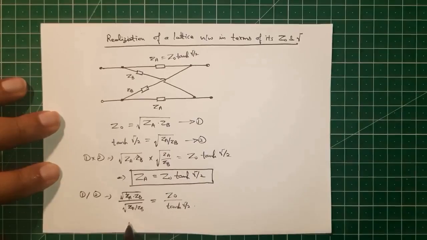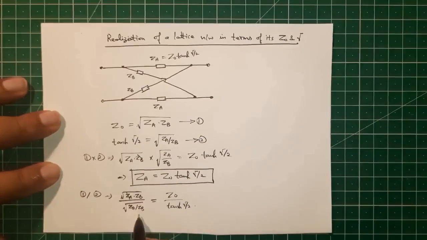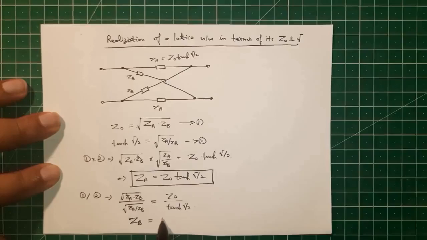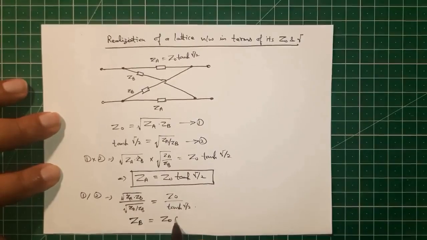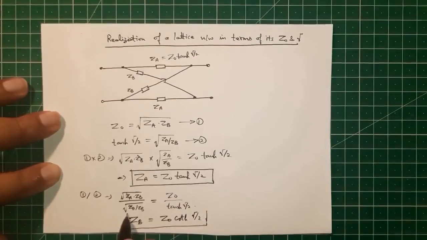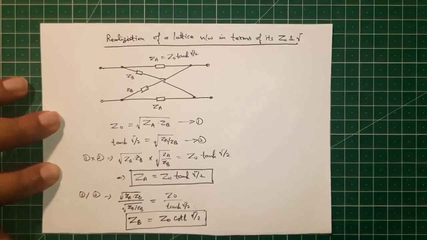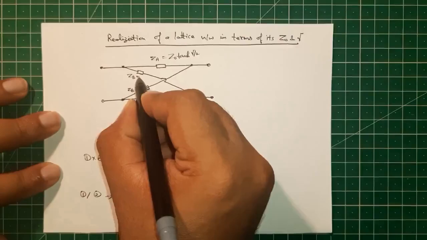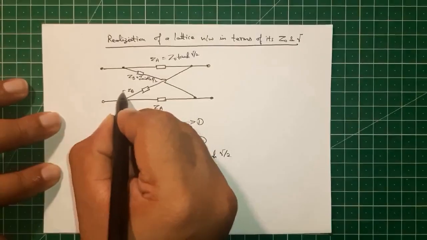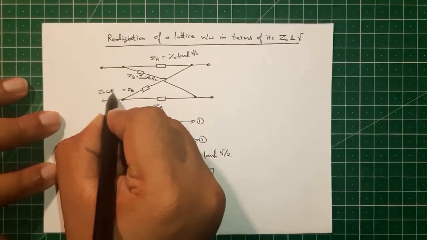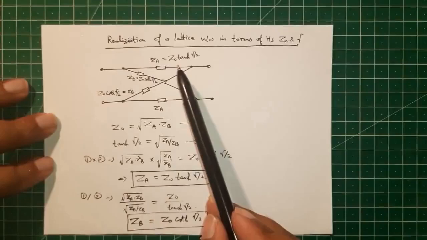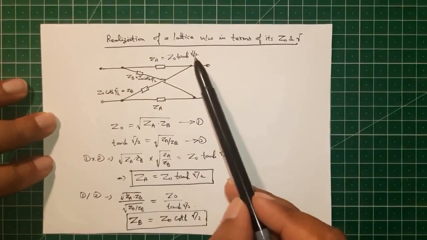So we have square root of ZB into square root of ZB, that will be equal to ZB, which is equal to Z0 coth gamma by 2. Both arms are as shown.